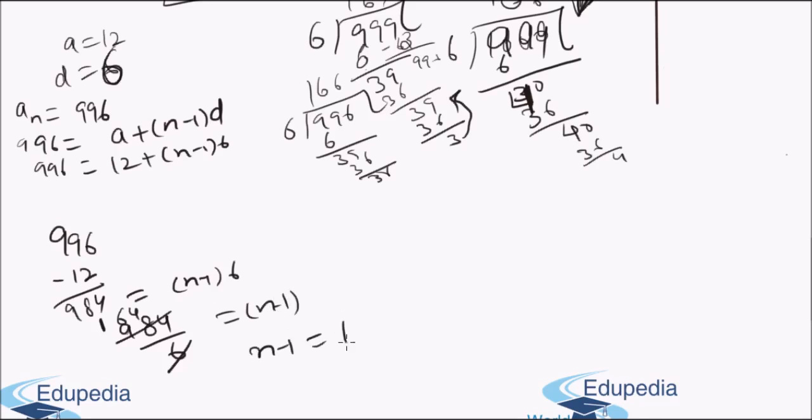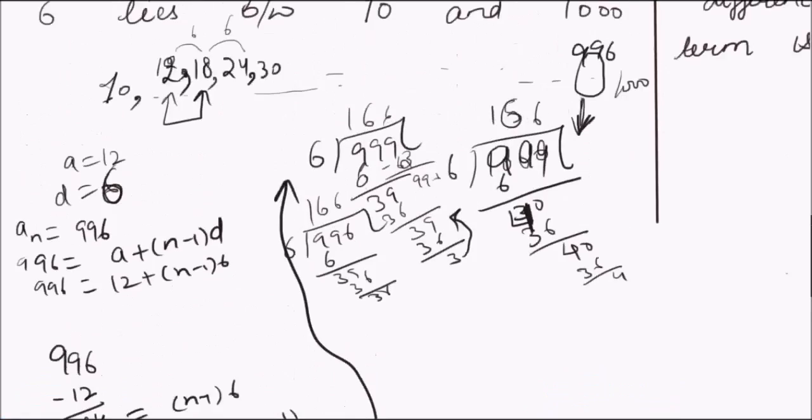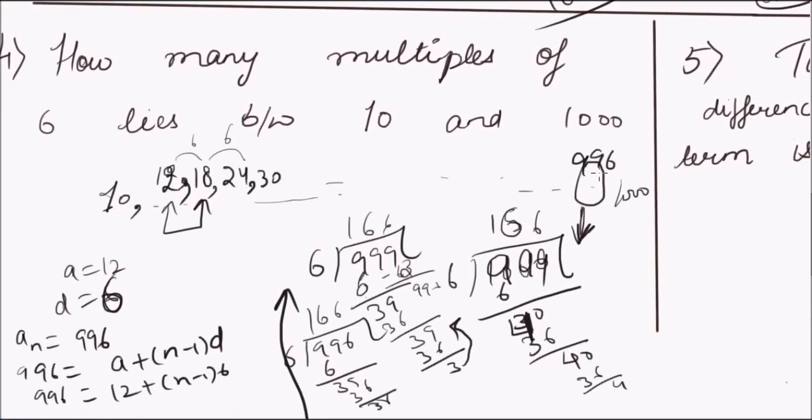So n minus 1 is 164, which means n equals 165. Thus n is 165, that is, this position is 165. A term less will be at 164, similarly 163.